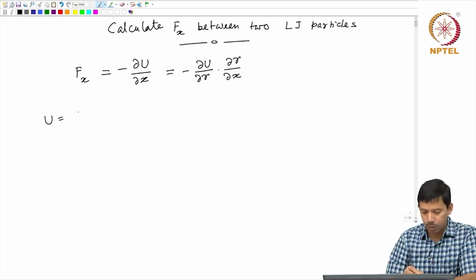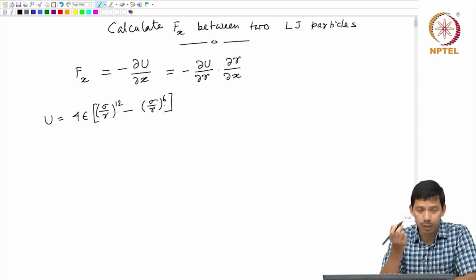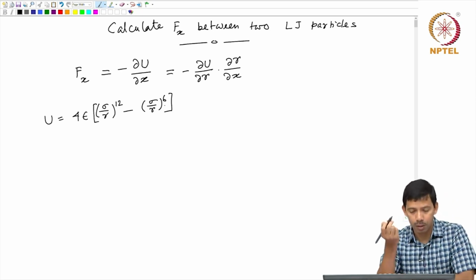So my u between two particles would be 4 epsilon, sigma by r to the power 12, the repulsive term, and then you have the attractive term, sigma by r to the power 6. Here r is basically the Rij, the interparticle distance.